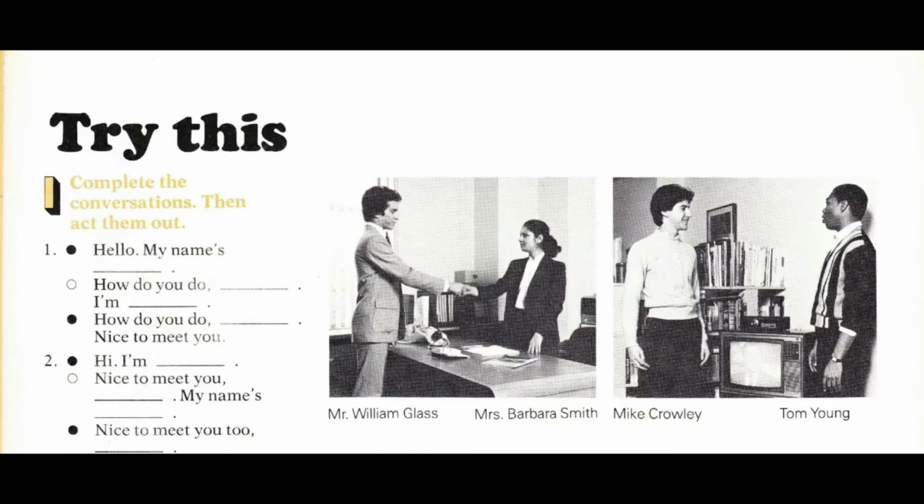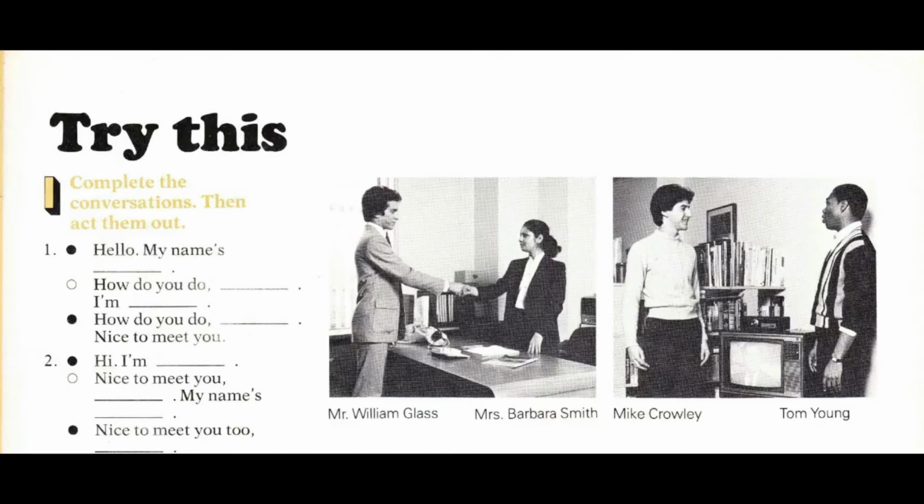The picture on the left is a formal conversation, and you can see it is written Mr. William Glass and Mrs. Barbara Smith. So we have the title Mr. and Mrs., which shows this is a formal conversation. The picture on the right is informal conversation. You can see Mike Crowley, Tom Young, without titles.